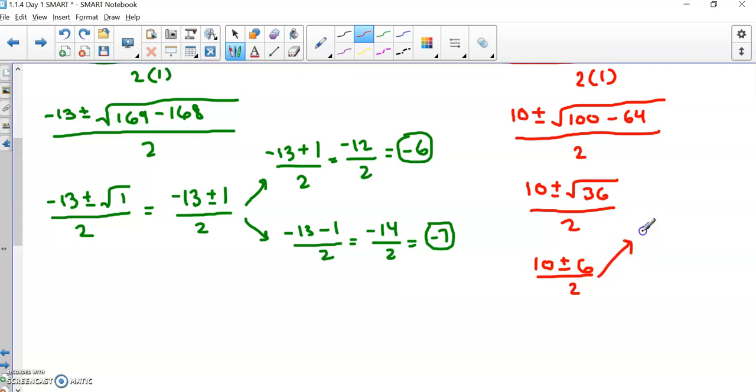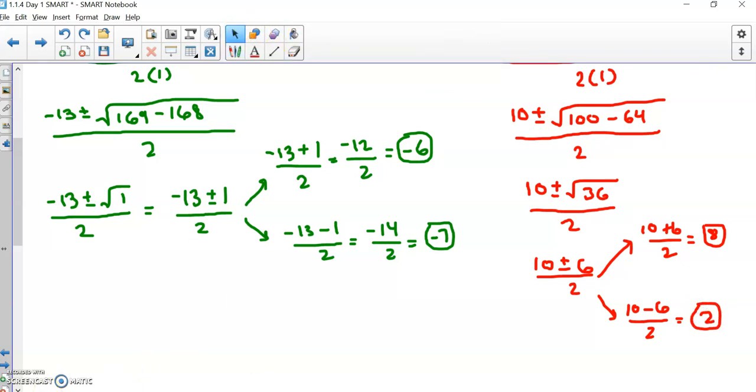Okay, so the first answer, 10 plus 6 over 2, that's going to give us a final answer of 8. And then our second one, 10 minus 6 over 2, is going to give us a final answer of 2. Alright, and then that is the end of our quadratic formula examples.